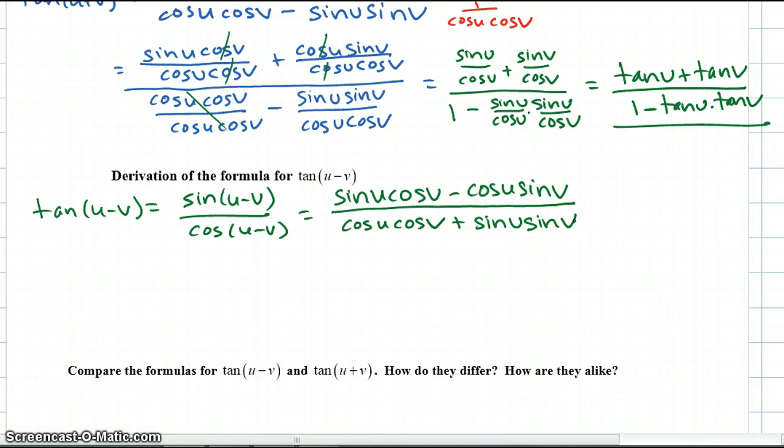We're again going to multiply by a clever form of 1, and we're going to choose the exact same one. We're going to multiply by 1 divided by cos u cos v. And very similar things are going to happen with this one.